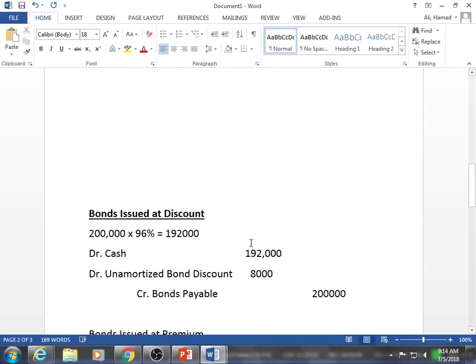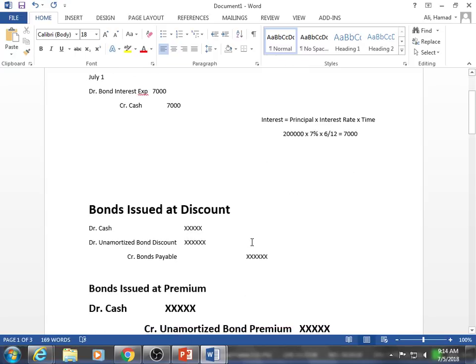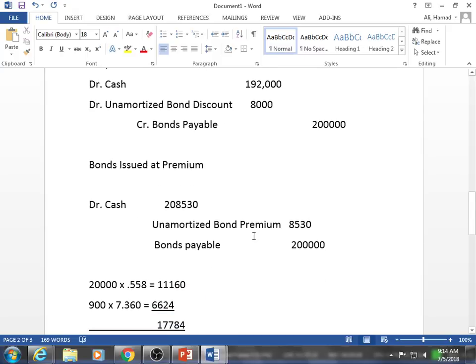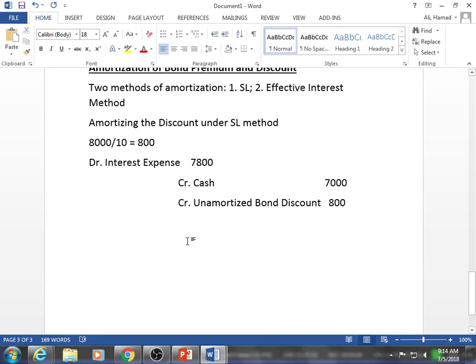And how much is the premium? 8,530. So we divide 8,530 by 10, and that gives us $853.